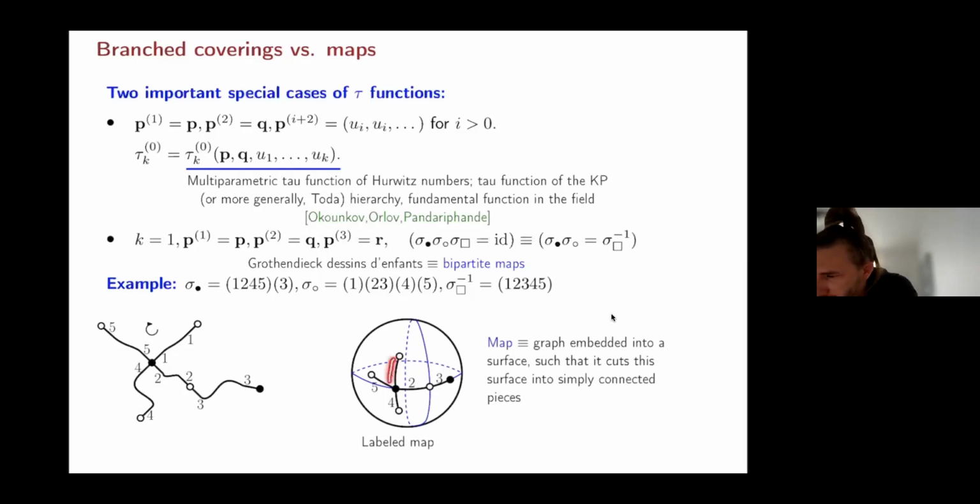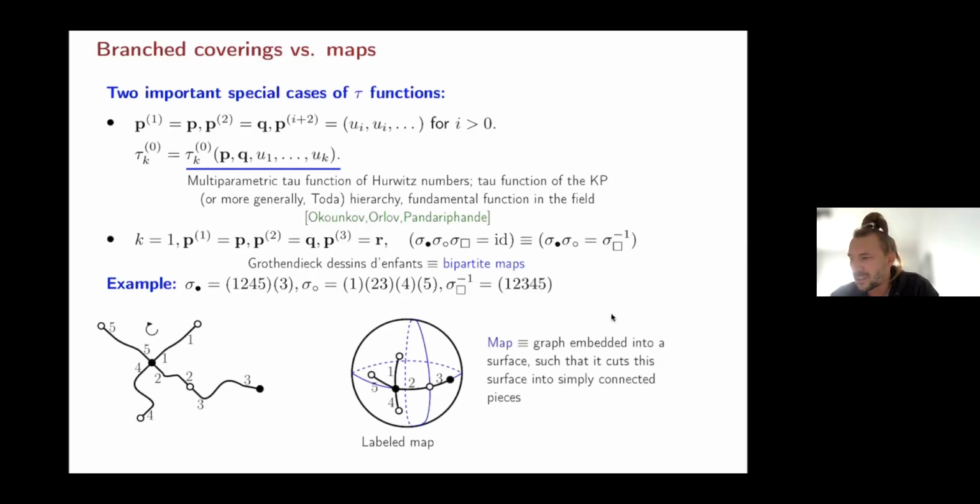So here I have 1, then I don't read. I have 2, I don't read. I have 3, I don't read. 4, I don't read. 5, I don't read. And I'm back at the starting point. So this means that it has only one face, and this face is given by the cycle 1, 2, 3, 4, 5.